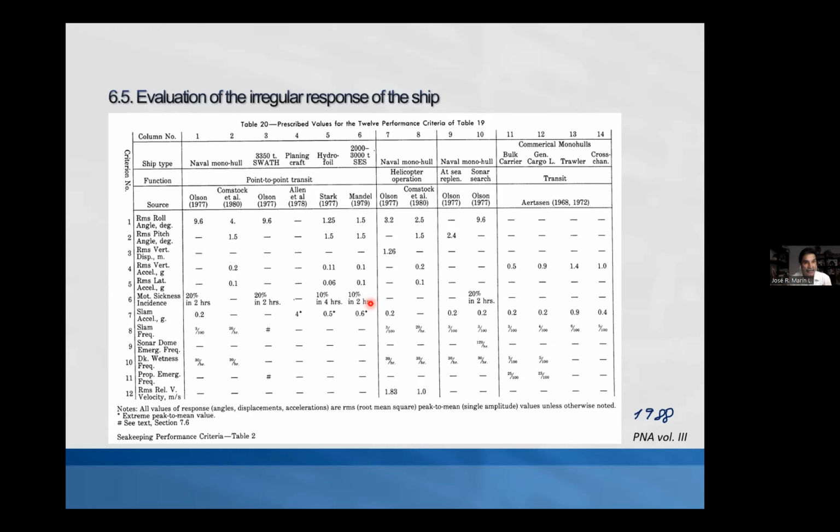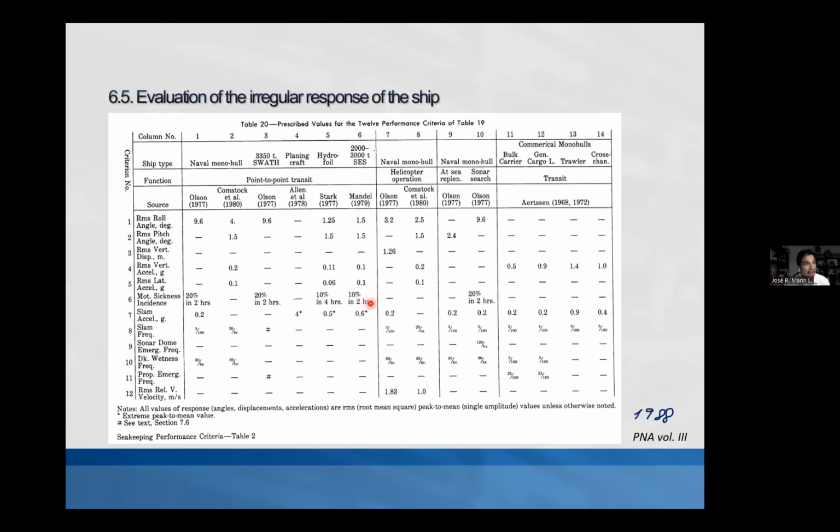So right now, you need to calculate the MSI. And if you find that this percentage is higher than 30, before you take the plans to the ship owner, you have to do something. Maybe you have to consider, for example, installing active foils.